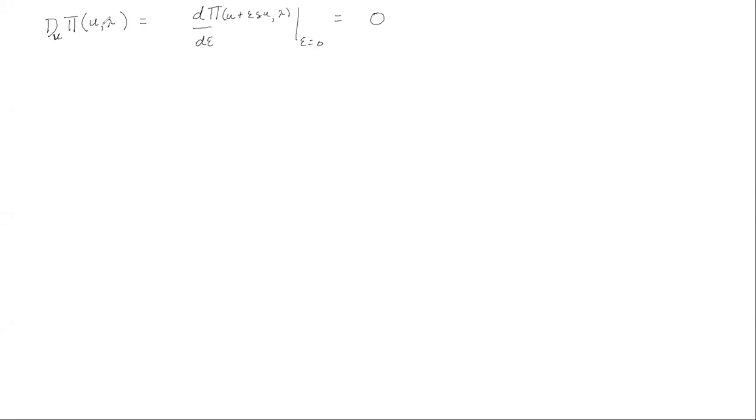It's a multivariable problem, right? So this derivative is with respect to u holding lambda constant, and then the next one is going to be with respect to lambda holding u constant. So d d epsilon of pi of u, lambda plus epsilon delta lambda, at epsilon equal to 0 is equal to 0.